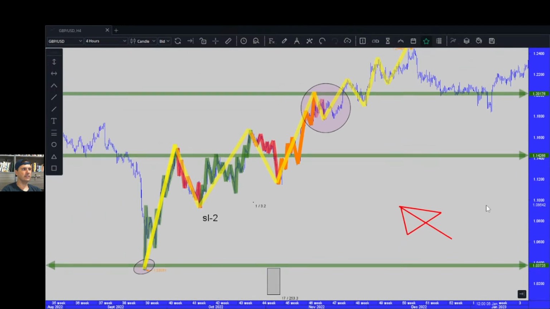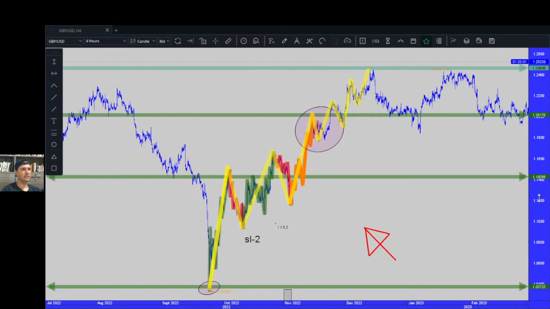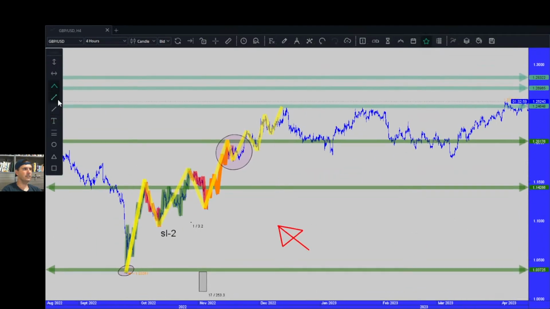Alright, everybody? If you do this, extension, retracement, extension, you got your market wave on the 4-hour chart wrong.